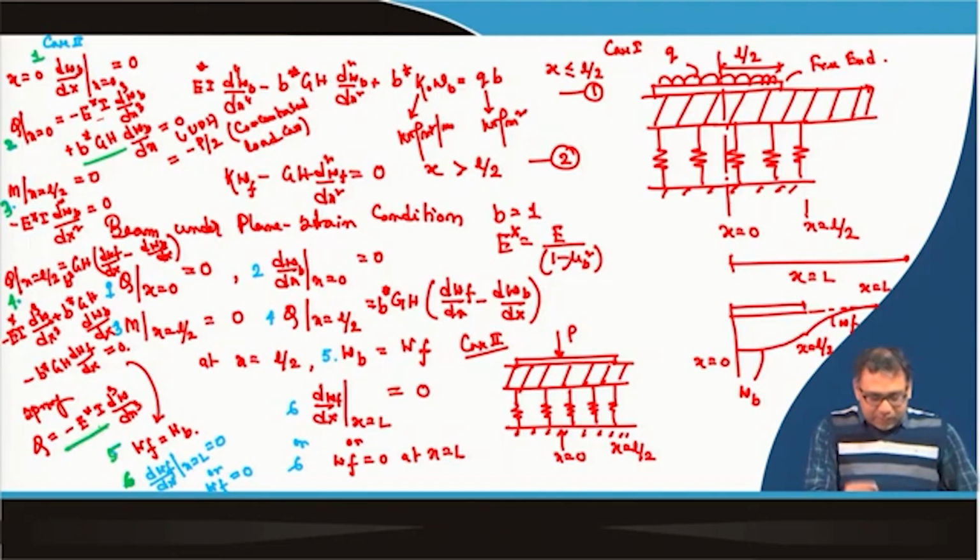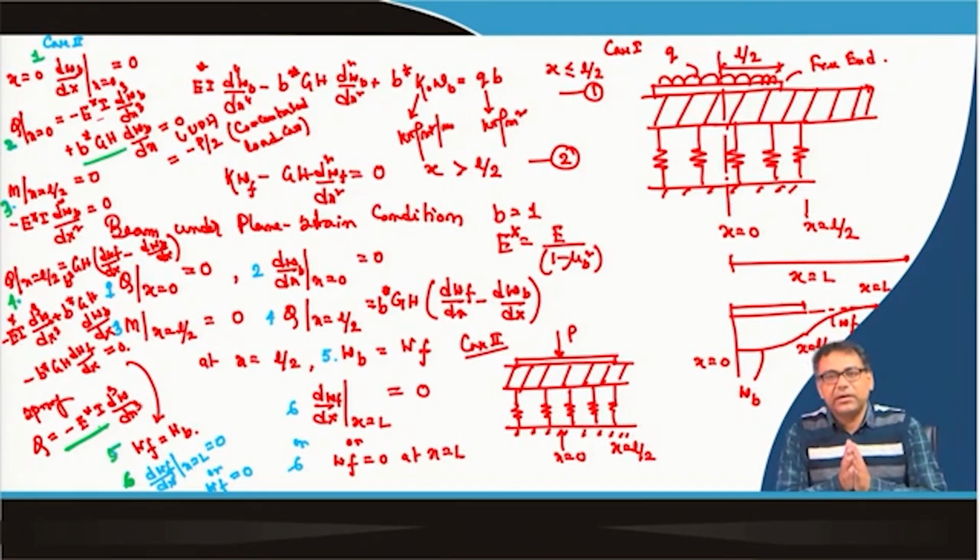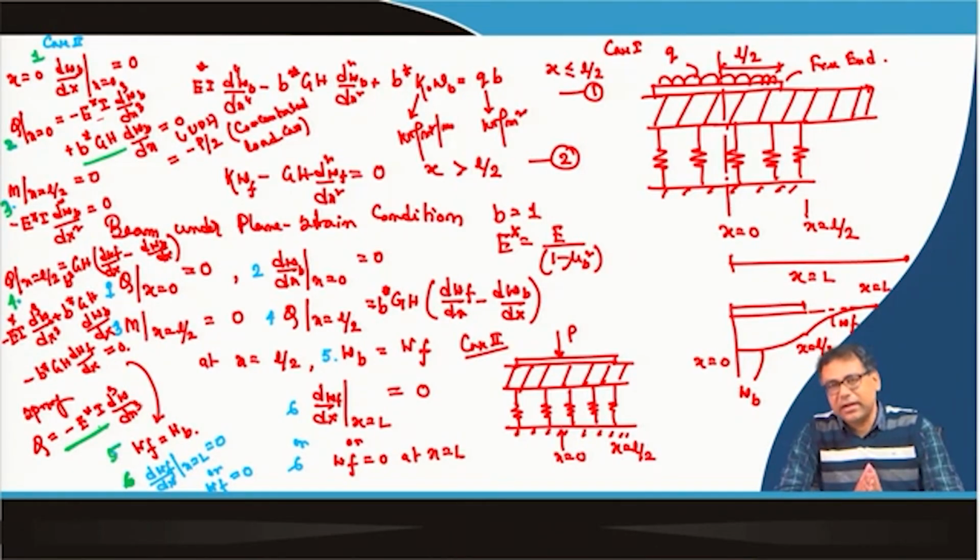Okay. So, these are the different boundary conditions under different loading conditions and edge conditions. You have to use these boundary conditions to solve the beam problem by using the finite difference scheme.